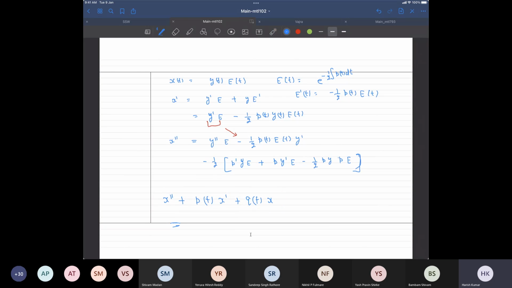Now x double prime will be basically y double prime e, that is not an issue, minus, so what are the first order terms here for y? Only that I want to point out. So the first order terms for y are this one and this one.